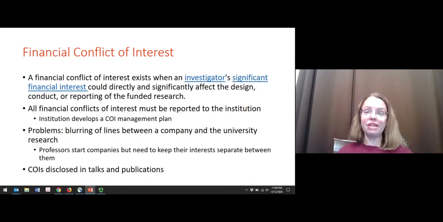So this is serious business, and the lines are really blurry. What's collaborative research that can be done at the university, what should only be done at the company, et cetera, et cetera.